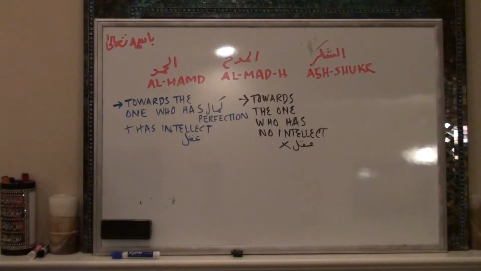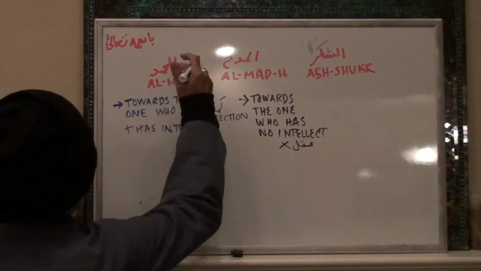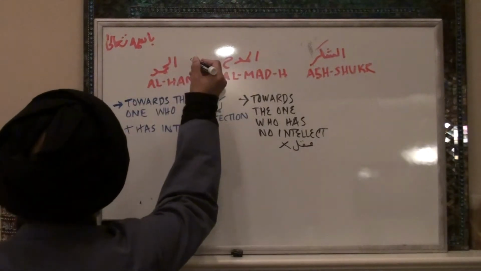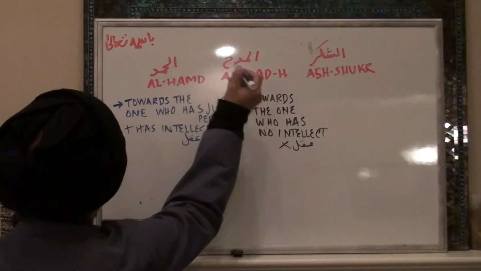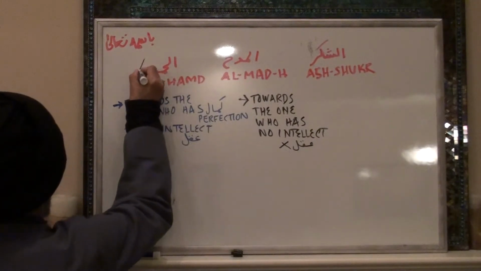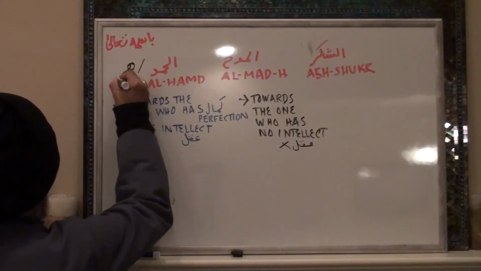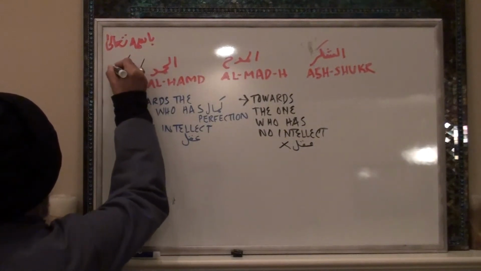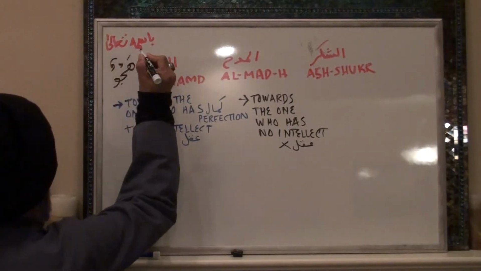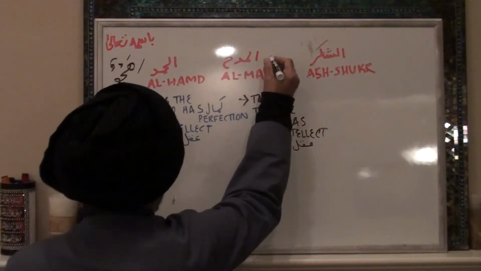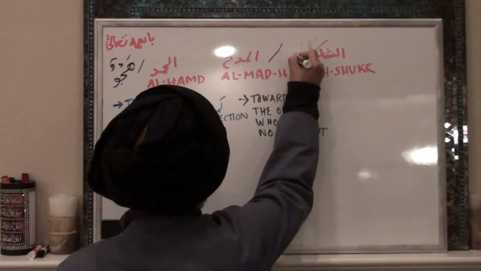When somebody has no aql, how can a person acquire perfection? That's understandable. So the opposites in Arabic language: hamd's opposite is hajw. Madh's opposite in Arabic is qadh.